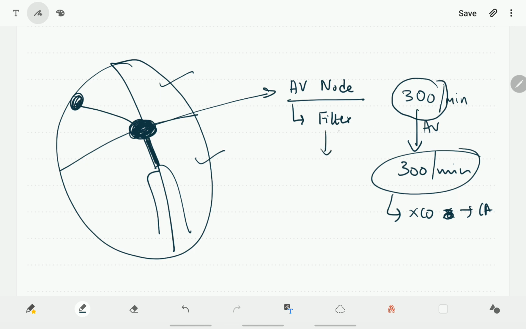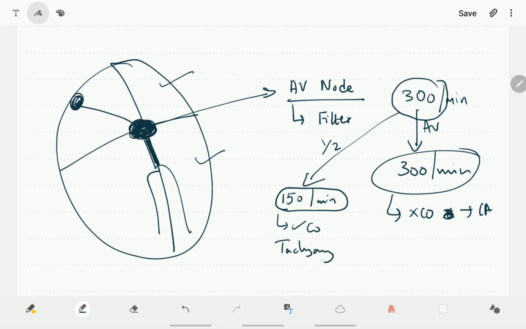For example, if it blocks half of these impulses and only lets half of them pass through, then the ventricles would be beating at 150 beats per minute. This is still better than 300, of course, because there would be some significant cardiac output, and of course the patient would have a tachyarrhythmia.